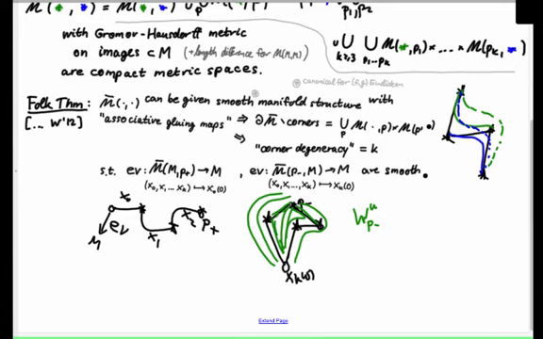And so the compactification adds all of these points, and they go into the compactification of the unstable manifold here. So do these.